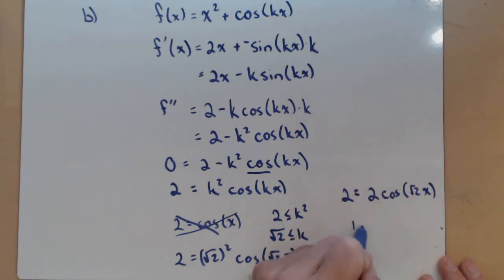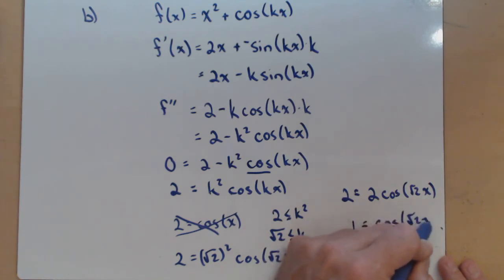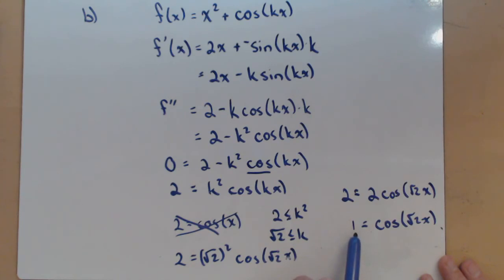Divide both sides by 2, we get 1 equals cosine of square root of 2x. Well, cosine is going to be 1 at infinitely many places, so that's why we're getting infinitely many inflection points once k is rad 2 or larger.